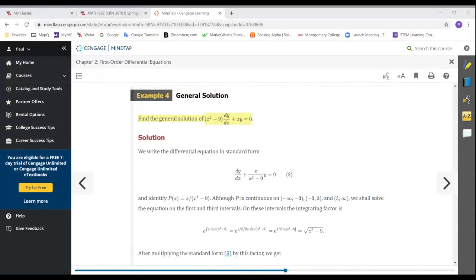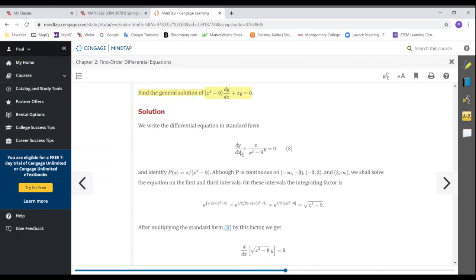The first thing you want to do, and you don't have to copy this example down, it's going to be in the recording and in your book, is get the equation in standard form.